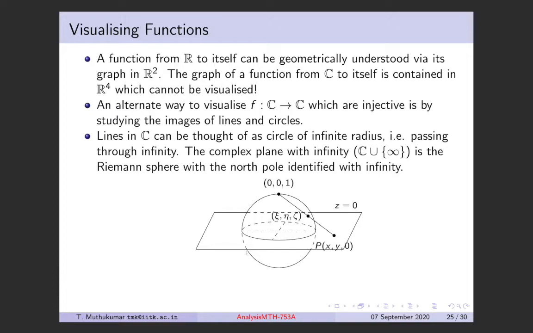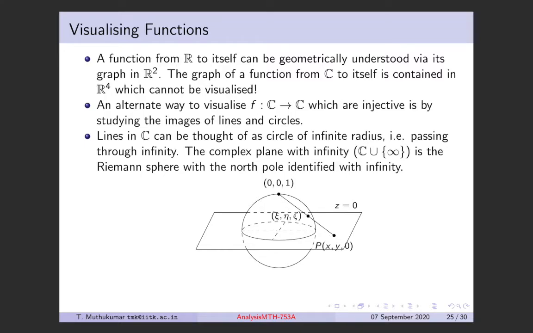So you map the infinity point to the north pole of the sphere, which is the 0, 0, 1 point here, and then every other point on the sphere can be uniquely associated with a complex number. The way you do it is that you imagine the complex plane as cutting across the middle of the sphere.